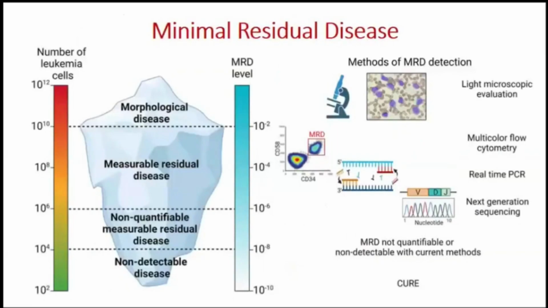So this is the normal iceberg plot, where this cartoon shows that the morphological disease usually manifests when the tumor burden is more than 10^10 cells, and between this range, you see the measurable disease, which the clinician doesn't see. There are no clinical features, but the disease is there, and then the non-quantifiable measurable residual disease, and finally non-detectable disease.